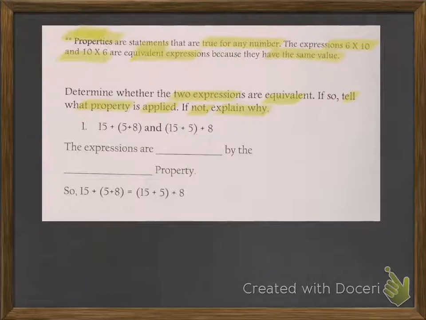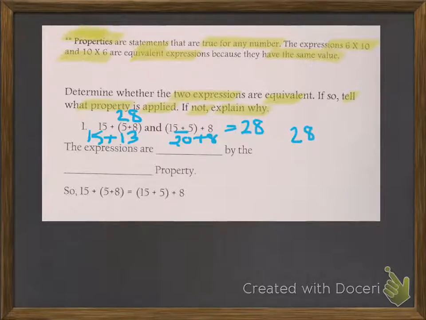So we're going to see if it works for both expressions. If we added 8 plus 5, we would get 13. And then 15 plus 13 is 28. And then if we added 5 plus 15, we would get 20. Then 20 plus 8 does equal 28. So we have 28 and 28.